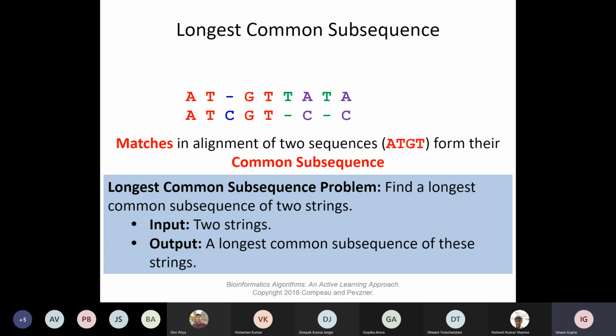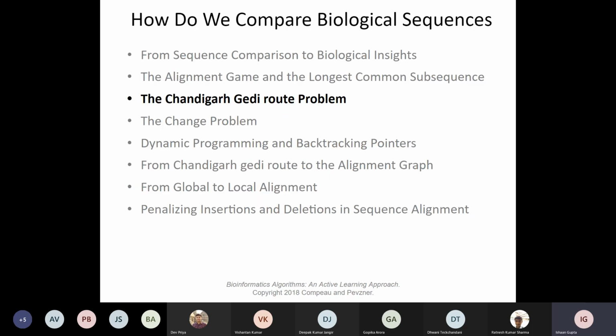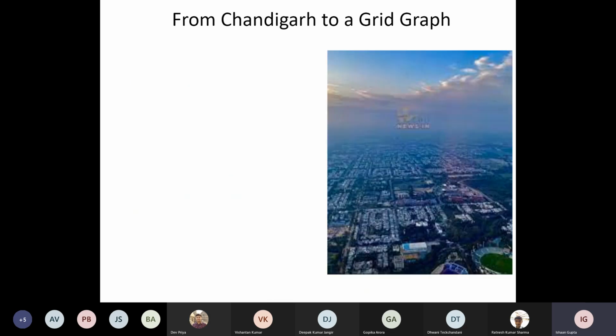Now I'll give you some examples of how you can motivate this problem. This is a photograph of how Chandigarh looks from a plane, right? Chandigarh is the capital of Haryana and Punjab. Can somebody tell me what this is? This is just a side note.